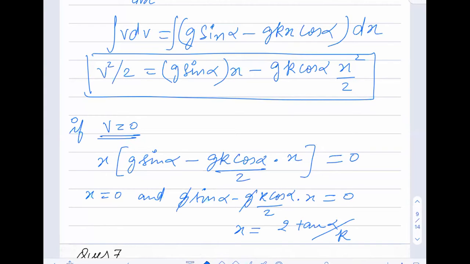So one value of x I'm getting this, and one value of x I'm getting this. Now I have two values of x, so just see the significance. Velocity is 0 at 2 points, one when x is 0 and one when x is 2 tan alpha by k. So this means at the starting point only, the velocity of the particle is 0.